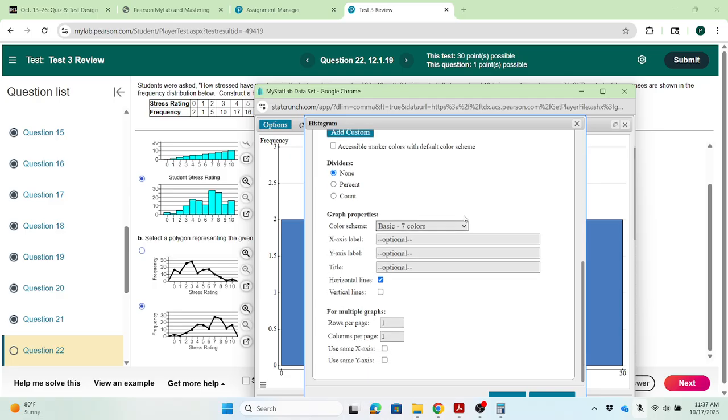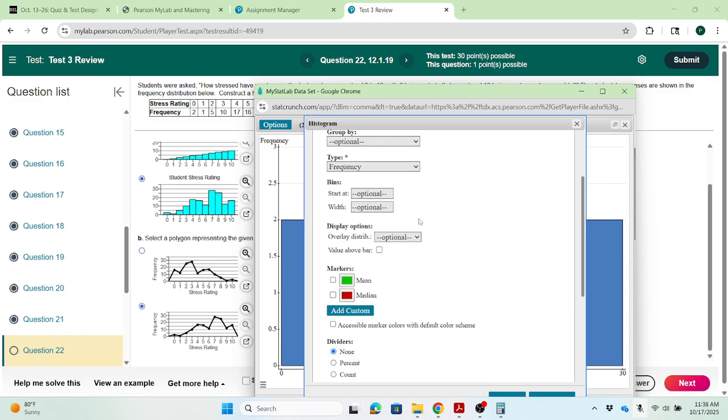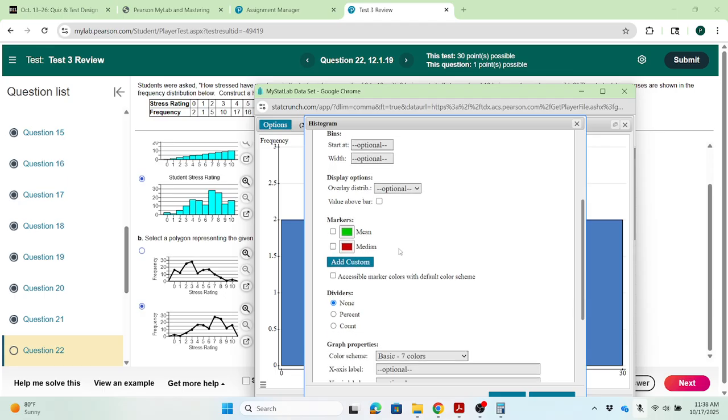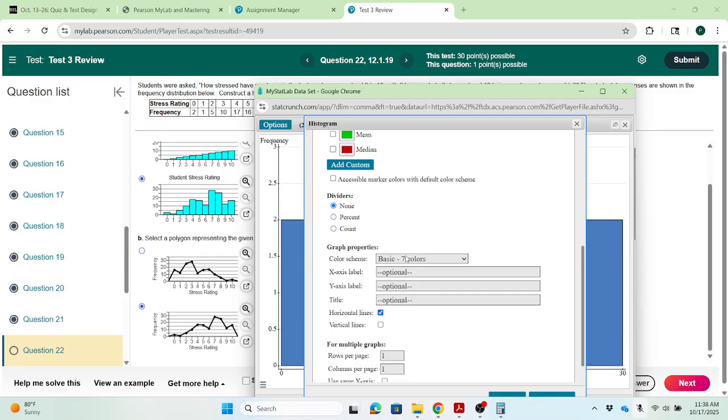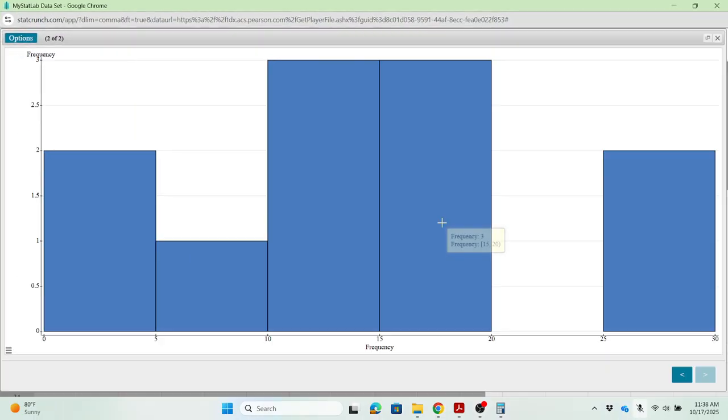I am not so sure how to select the Y, or how to change the scale here.